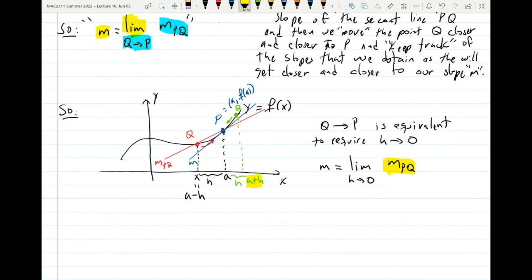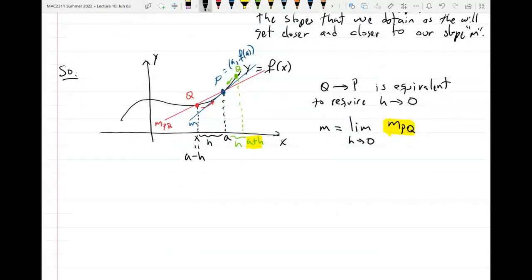We also talked about this at the beginning of the semester when we talked about velocity. We did some questions about average velocity. And remember, the average rate of change of a function from one point to another is nothing more than the slope of the secant line that passes through these two points on the graph of the function, which is exactly the line PQ that we're looking at.